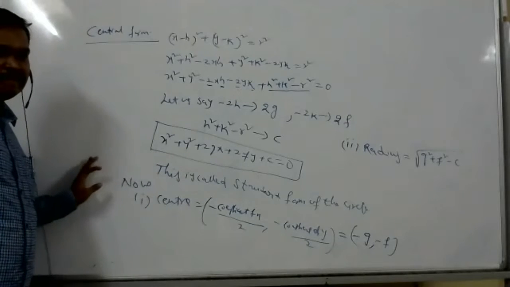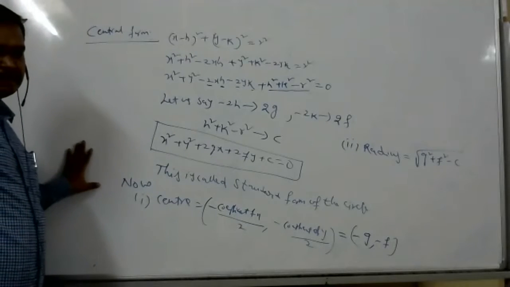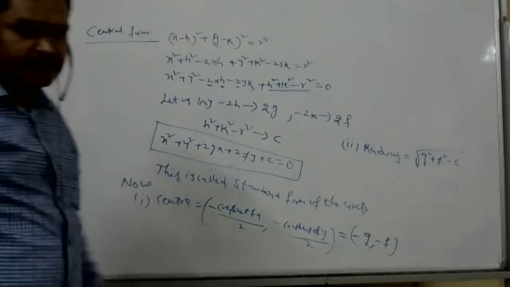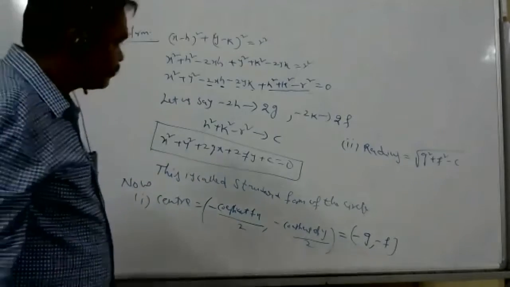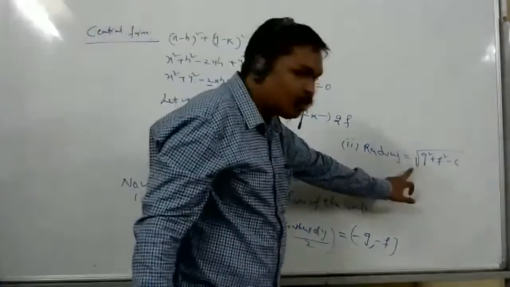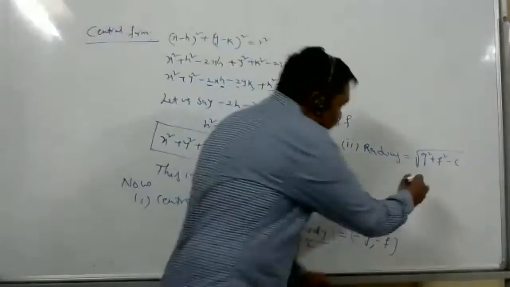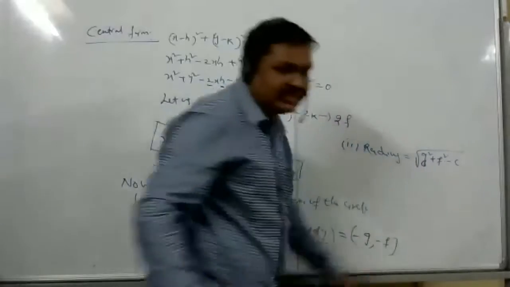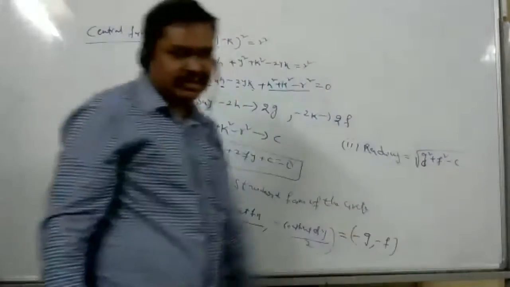Completed? Sir, can you read out the radius formula? I can't see the board. Radius is equal to under root g square plus f square minus c.